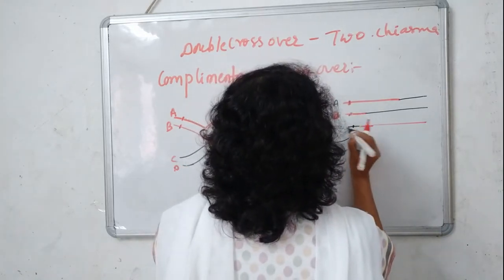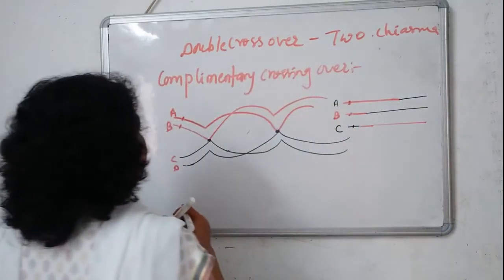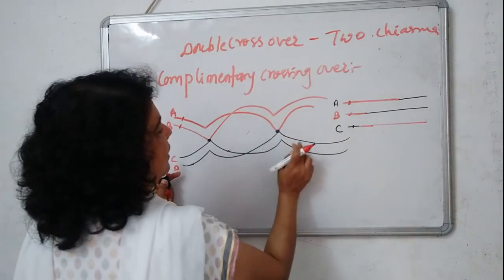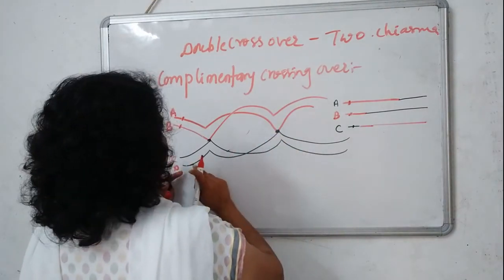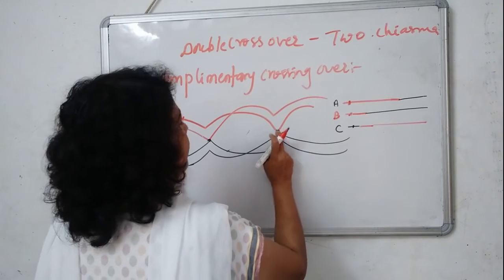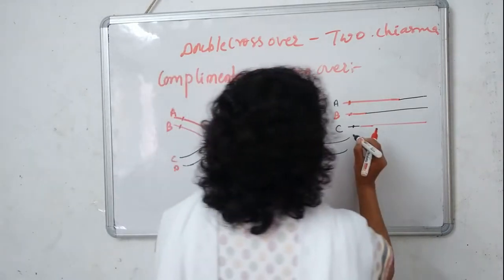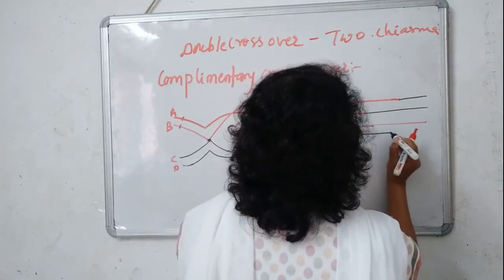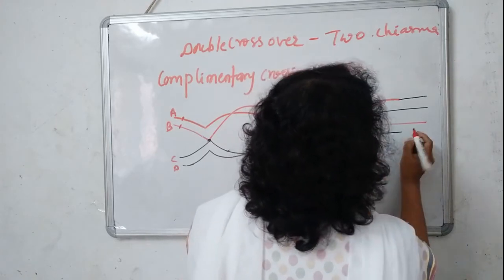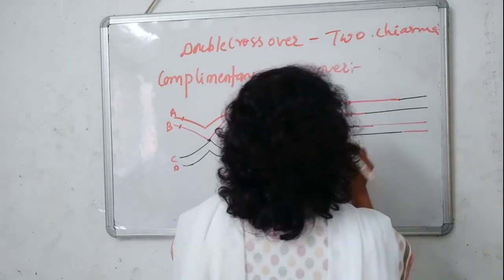And this D has the long black and the small red part.